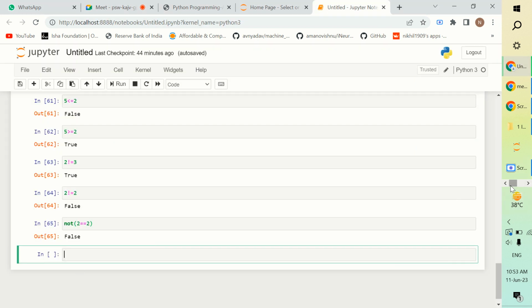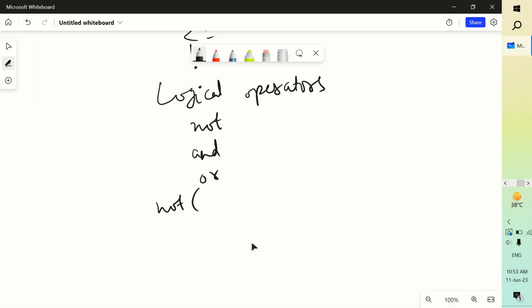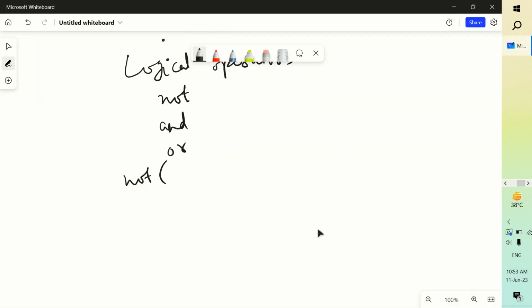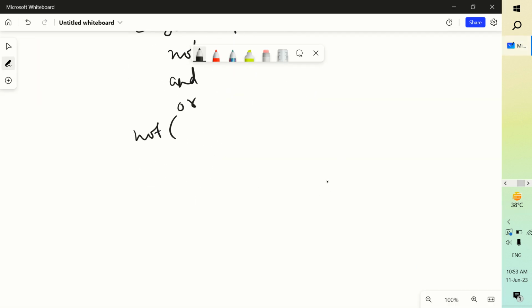So if I write, let's say, 2 is equals to 2, and after that I'm using the and operator, 5 is greater than 4.